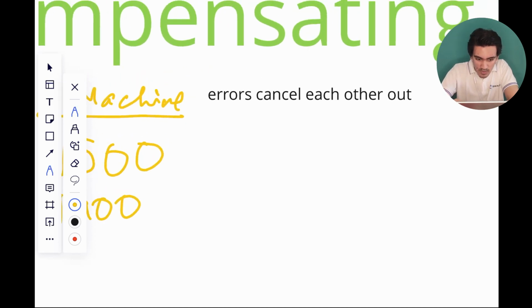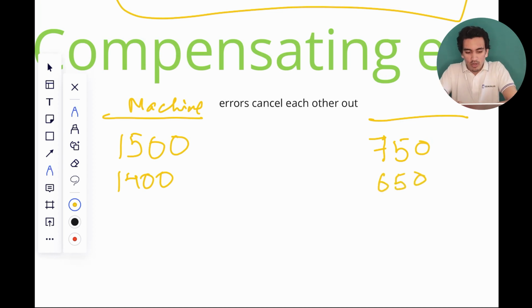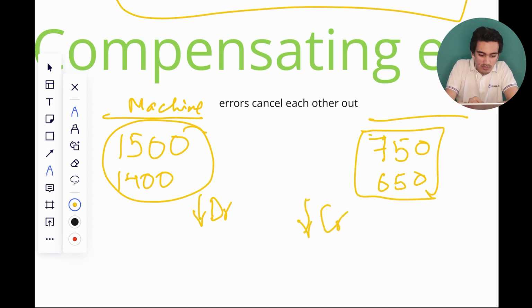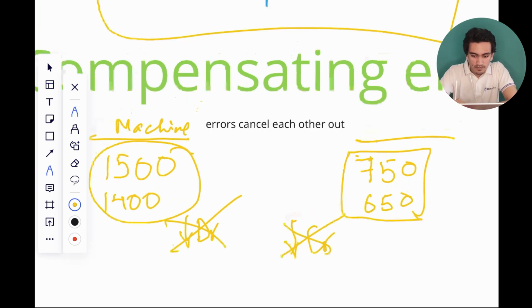But at the same time, I had to make a credit entry of, say, $750, but I only made a credit entry of $650. So I also understated my credit side due to some other entry. So this error, which is an underestimation of the debit side, and this error, which understates our credit side, both balance each other out, and that's why our balances match. So this is a compensating error.